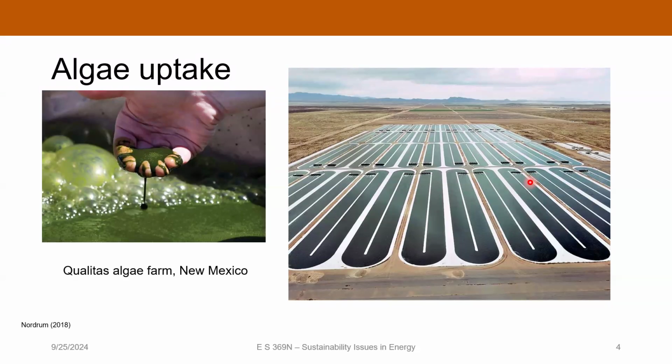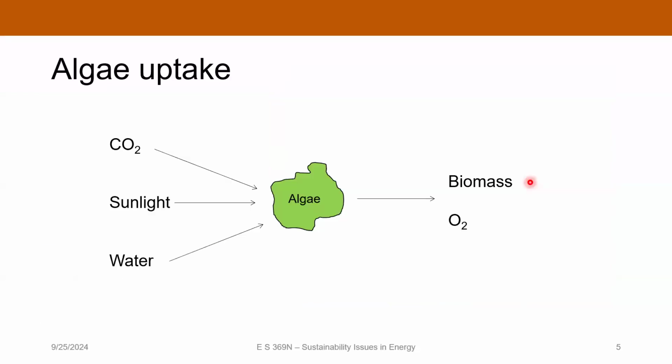If your capture efficiency is not very good, which in the carbon farmer, the incoming stream was at 420 parts per million, and I think they were getting 600 parts per million out, it wasn't ultra pure CO2. But the algae doesn't really care. In fact, that's better. There are certain strains of algae that can do well in elevated concentrations of CO2, but not all of them can. That's what's nice about the algae uptake.